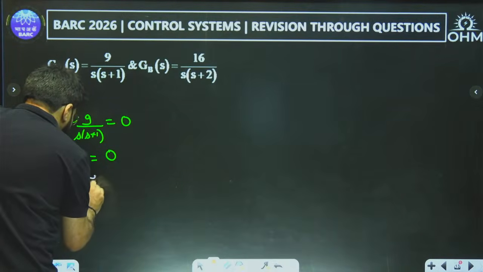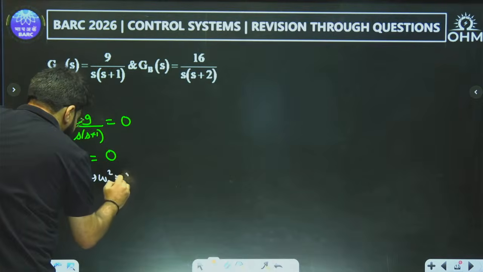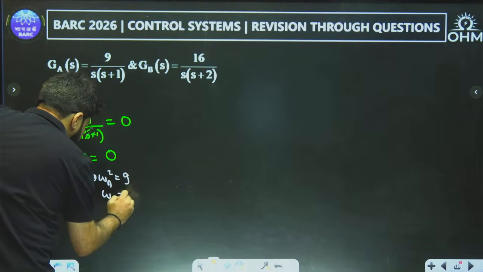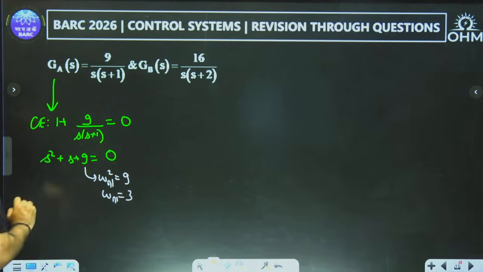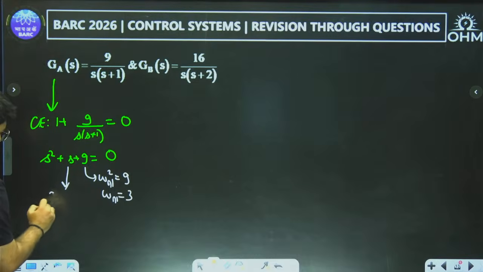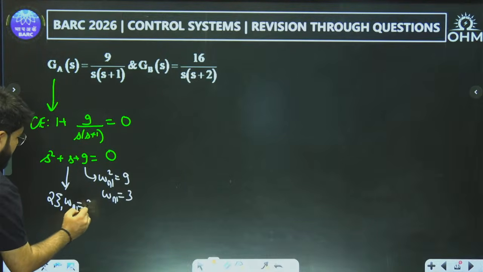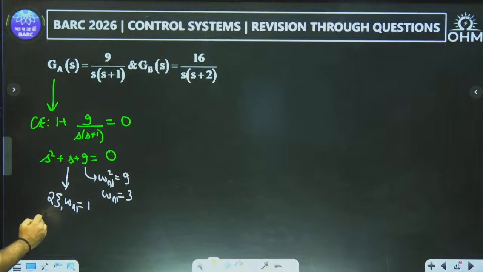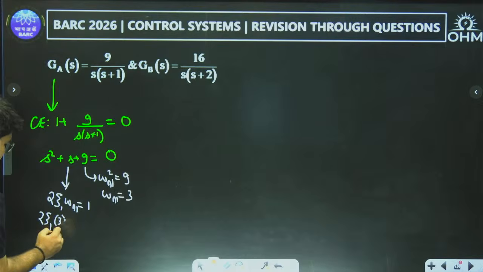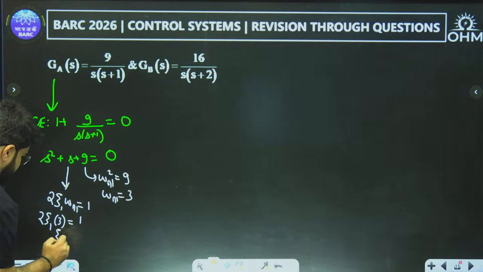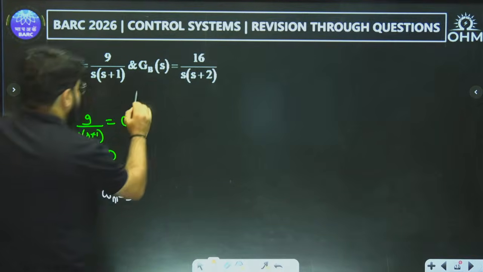Here omega n square is 9, so omega n 1 is 3. Then 2 zeta 1 omega n 1 is equal to 1, so 2 zeta 1 into 3 is equal to 1. Zeta 1 is 1 by 6.